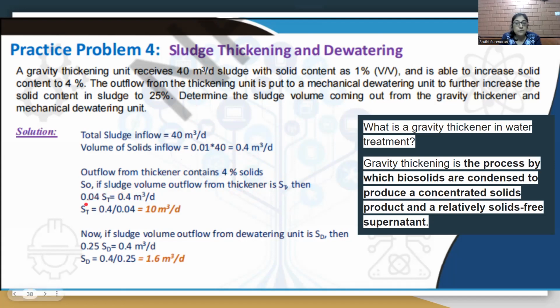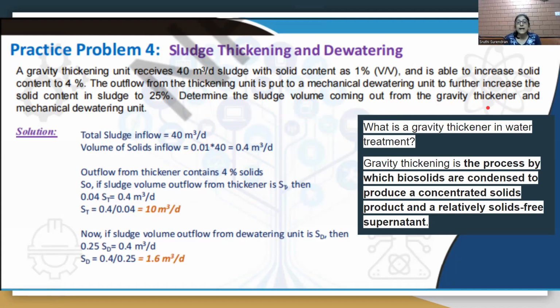So 0.04 into the outflow is giving us the volume of the solid content, and when we divide 0.4 by 0.04, we will get the outflow rate of the sludge, that is, the total sludge outflow. Now we got the outflow of the sludge which they had asked us, the sludge volume coming out of the gravity thickener per day.